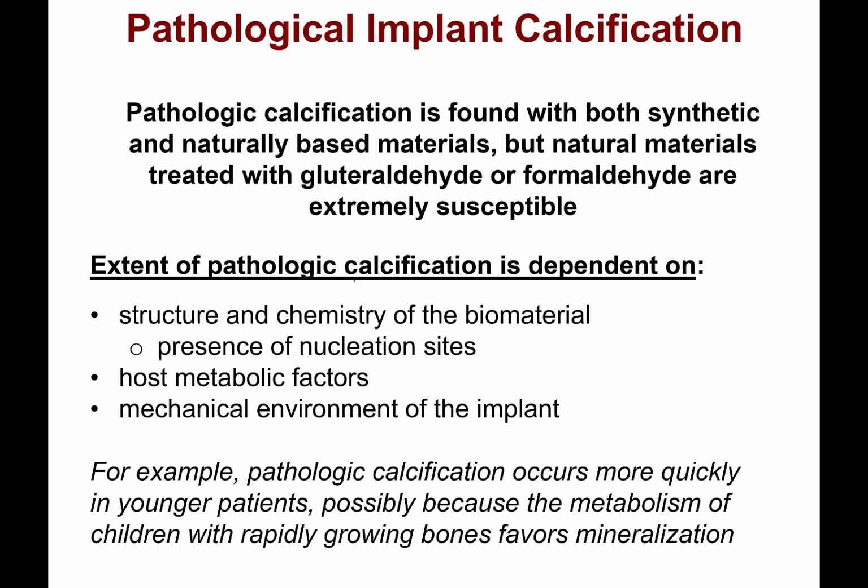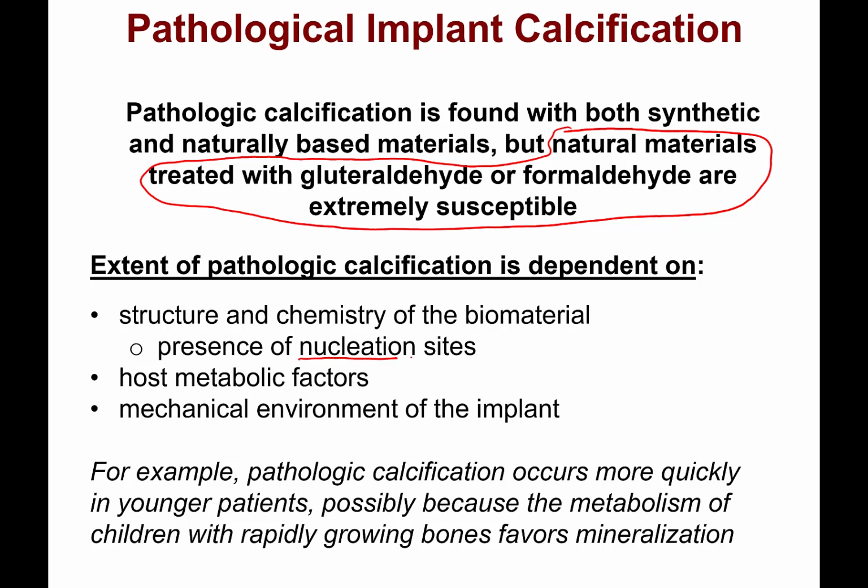When it comes to implants, though, pathological calcification is found with both synthetic and natural-based materials. But natural materials that are treated with glutaraldehyde or formaldehyde, which are fixatives, are particularly susceptible to pathological calcification. Now, the extent of pathological calcification is going to depend on the structure and the chemistry of the biomaterial, particularly the presence of nucleation sites.